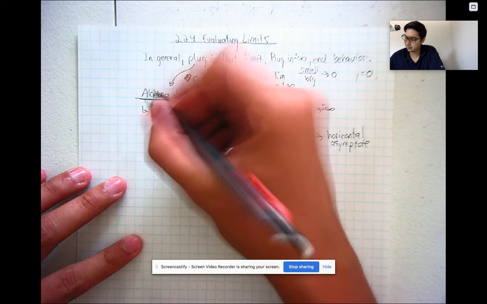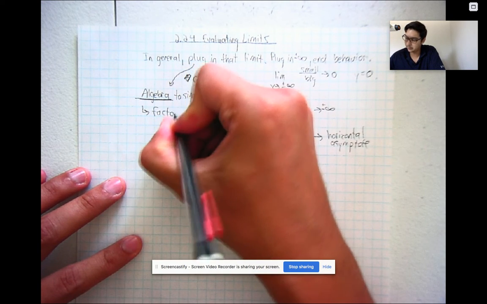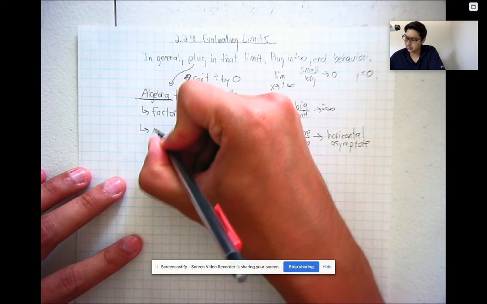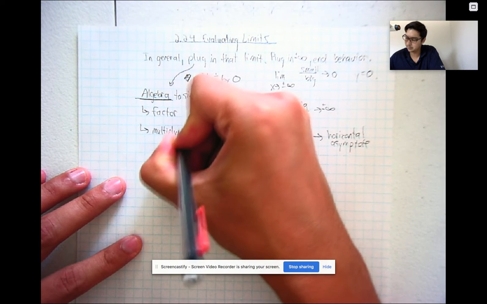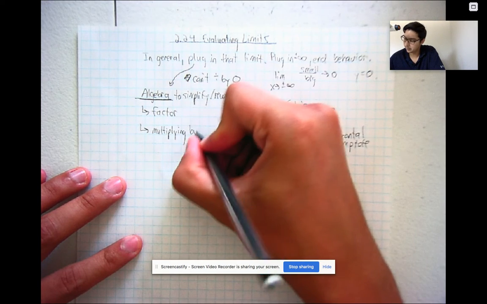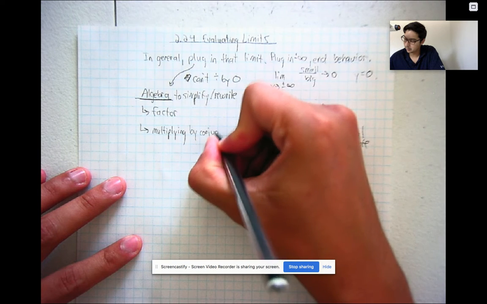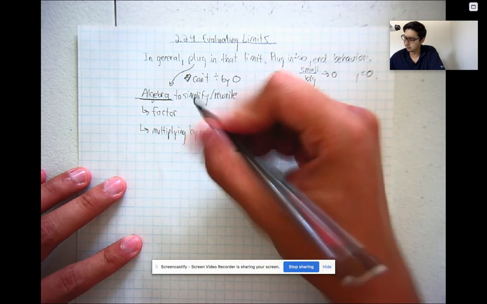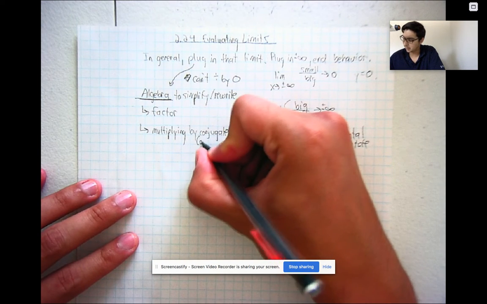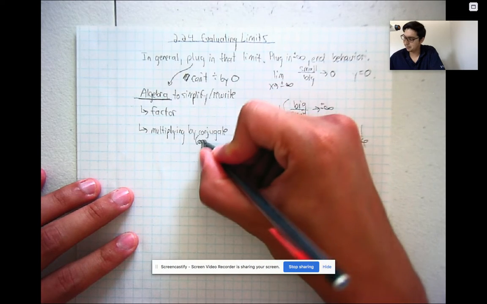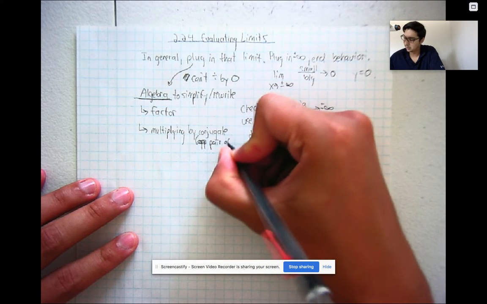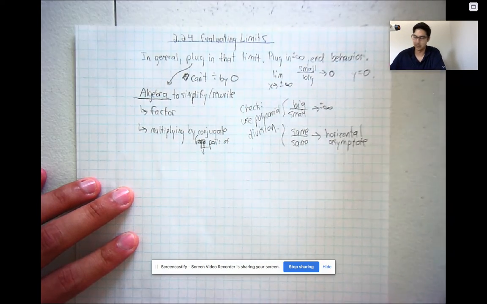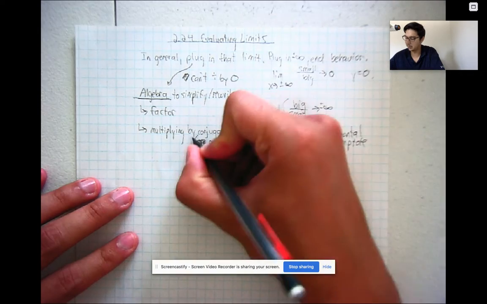Things that might come in handy with algebra are factoring or multiplying by a conjugate. A conjugate is the opposite, the pair of a square root, more or less, and we'll see that in an example below.